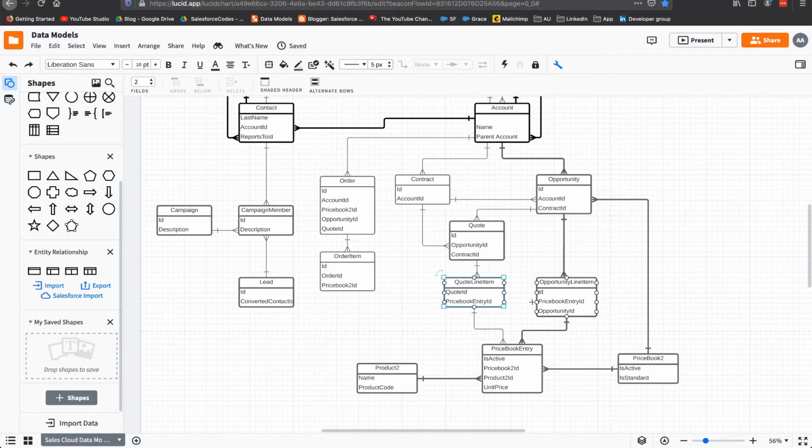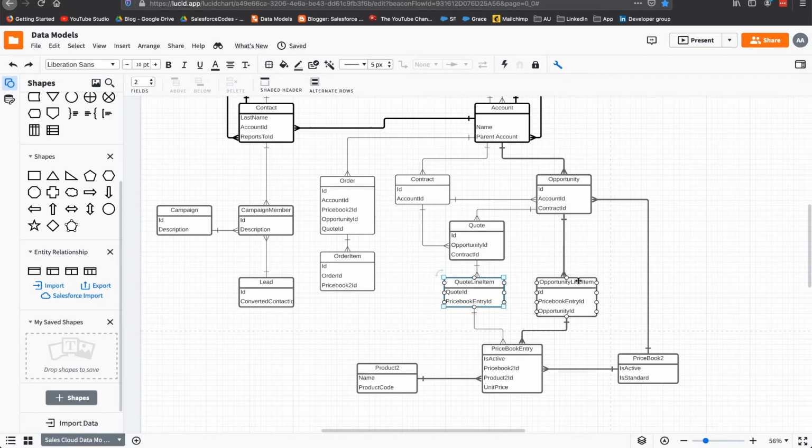Similar to opportunity line item, quote line item also can have multiple entries under a quote. So in our example, we might have 100 computers, some keyboards and some mouses in this quote line item, and the quote will be associated with the corresponding opportunity. Also keep in mind that there can be multiple quotes under an opportunity, but only one of those quotes can be the primary quote. That's how quote and quote line item are related.